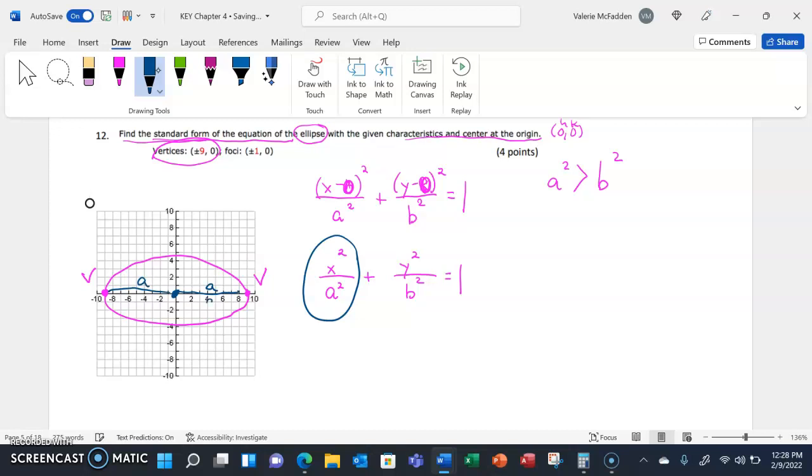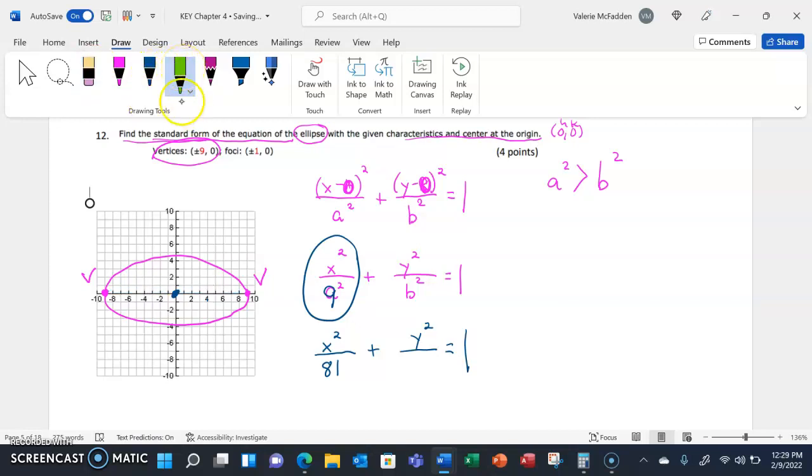So a is actually 9. So a squared would be 9 squared, which would be 81. So far we've already got a little bit of it. X squared over 81 plus y squared over, I don't know what b squared is yet, equals 1. But they do give us the coordinates of the two foci.